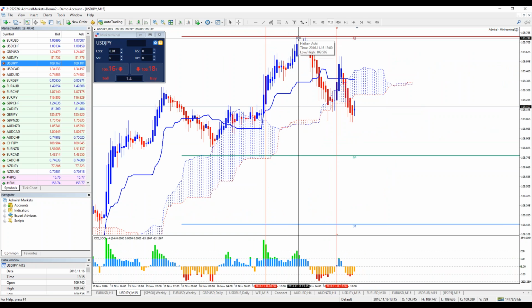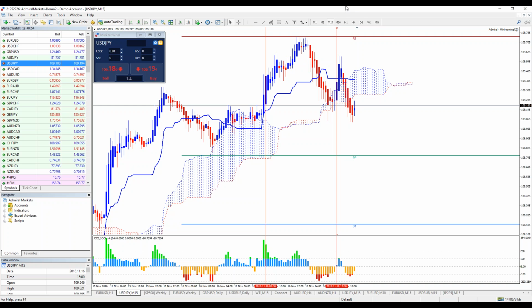Well, it still can give us short trades, although the price hit resistance here. So if you followed my advice on price action, trading school and session recap and my analysis, I was very specific and very loud in saying that you should short 110.